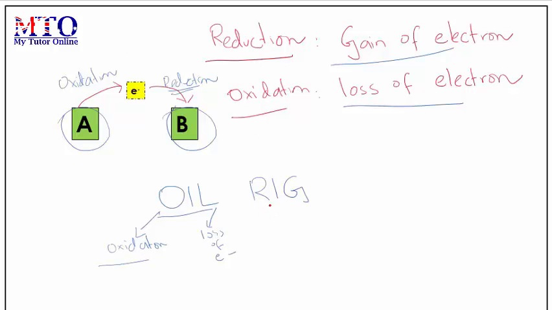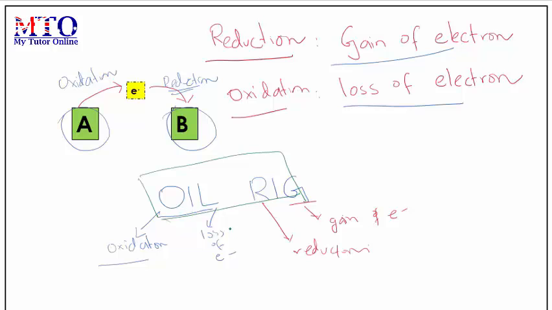Similarly, whenever there is gain of electrons, that process must be reduction. So what you need to do is just remember OIL RIG. Whenever there is loss of electrons, the process must be oxidation, and whenever there is gain of electrons, that process must be reduction.